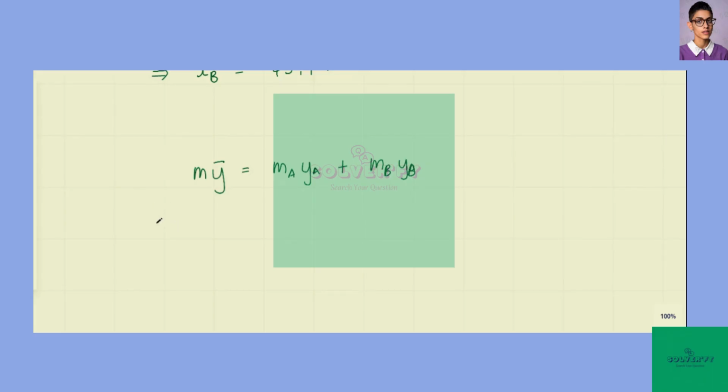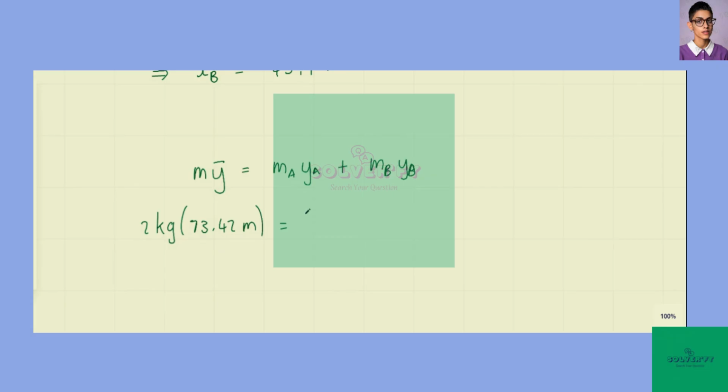So again, m y bar is 2 kg times the mass center position, 73.42 meters after a time of 6 seconds, as we calculated above.